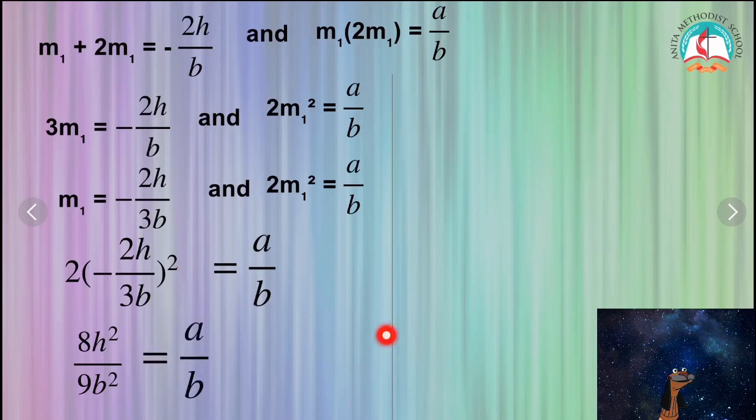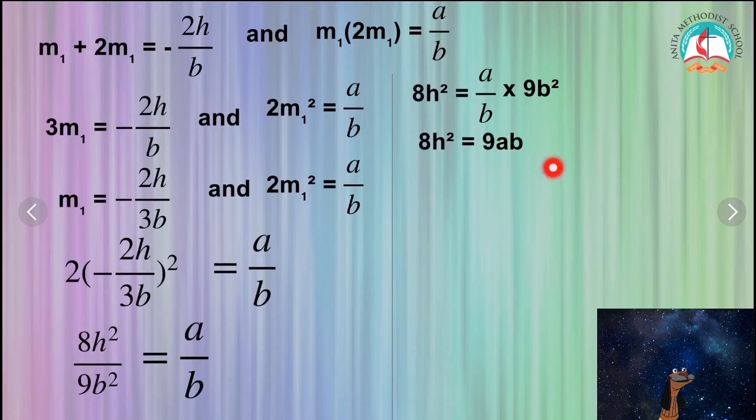But I want only 8h square. So what will I do? I have to write 8h square is equal to a by b into 9b square. Just cross multiply, and what will happen here? b square cancels. So what is this answer going to be? 8h square is equal to 9ab. This is what you have to prove in the problem.